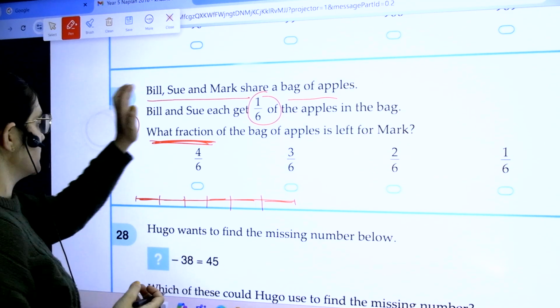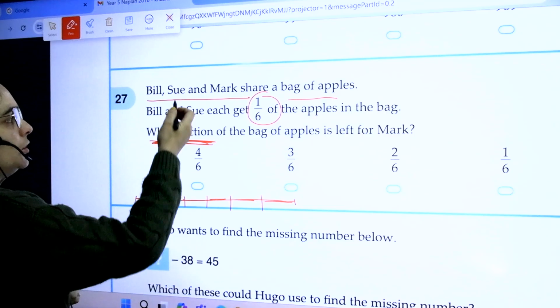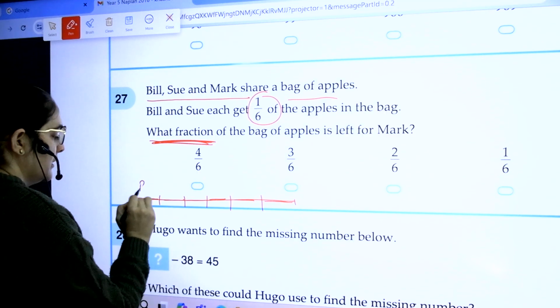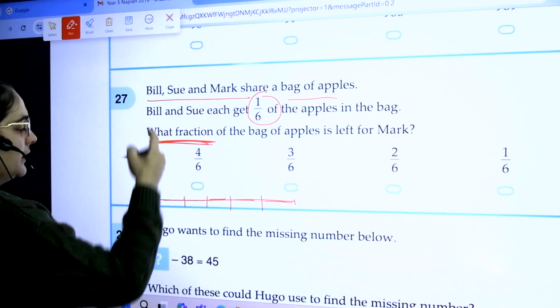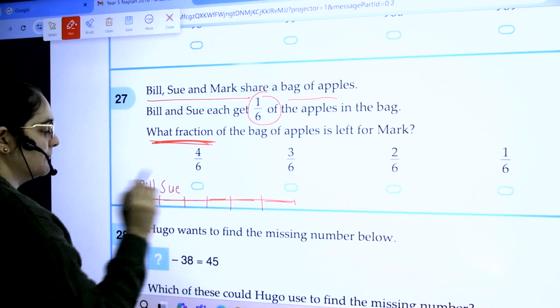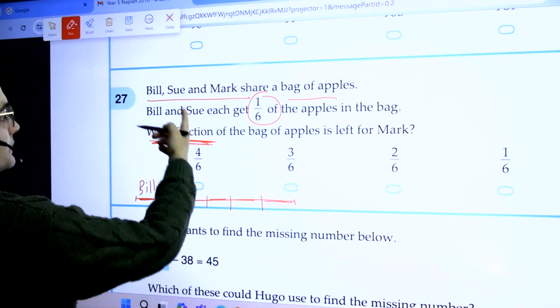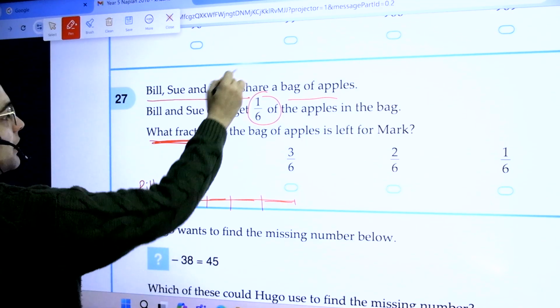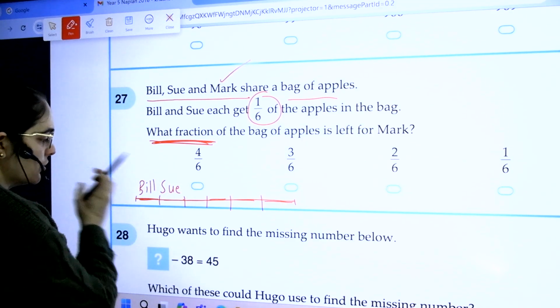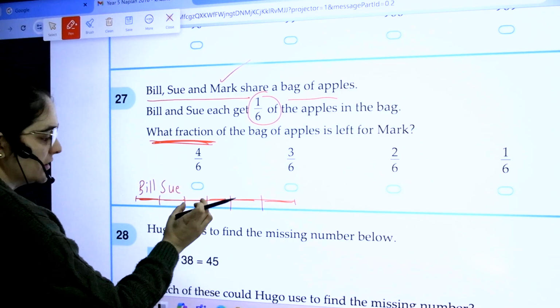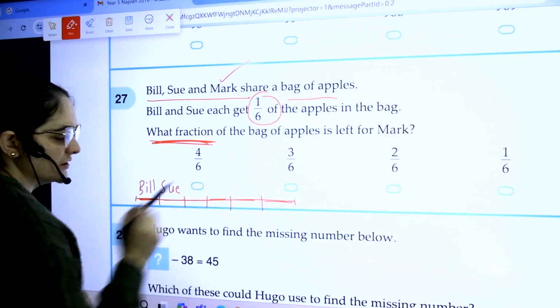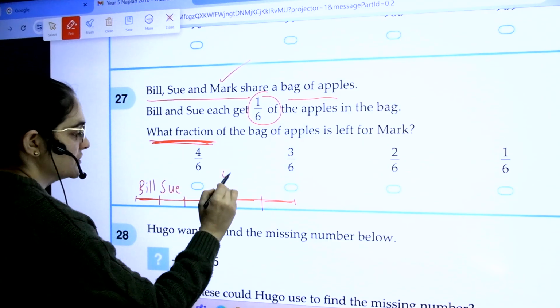Now if 1/6 is kept by Bill and the other 6th is kept by Sue, what share is kept by the third person? Isn't it Mark? So 1/6 gone, 1/6 gone. So we are left with 1, 2, 3, 4/6, isn't it? So 4/6 is left.